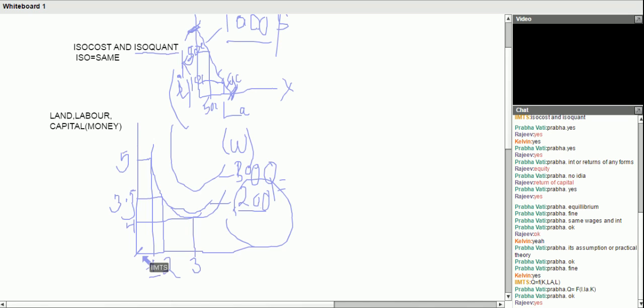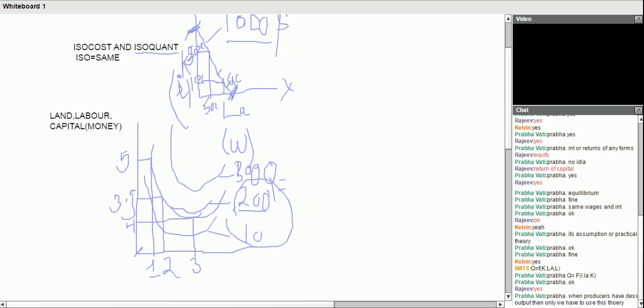The more it is away from the origin, the higher is the level of output which we will be getting. If it's like this curve, it's 300, this is 200. Now if there is a curve which is more towards the origin, like this, it will be lower output, maybe 100 units.